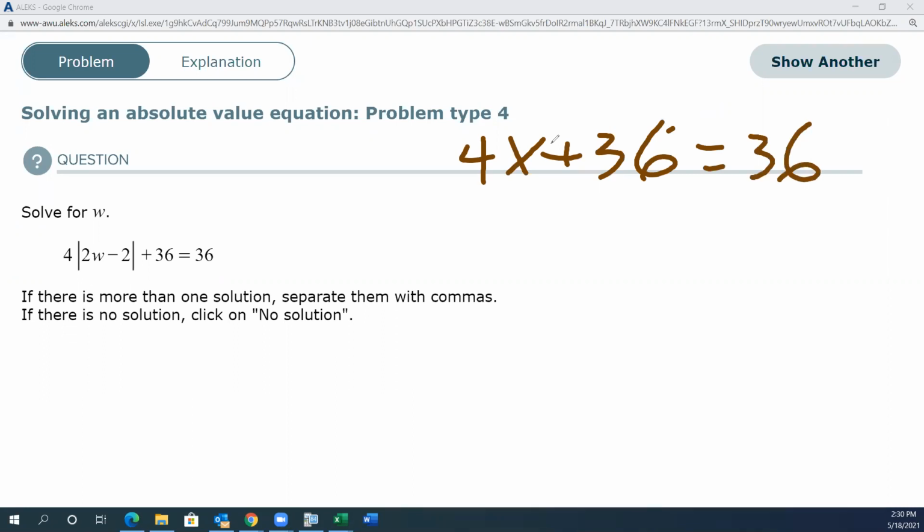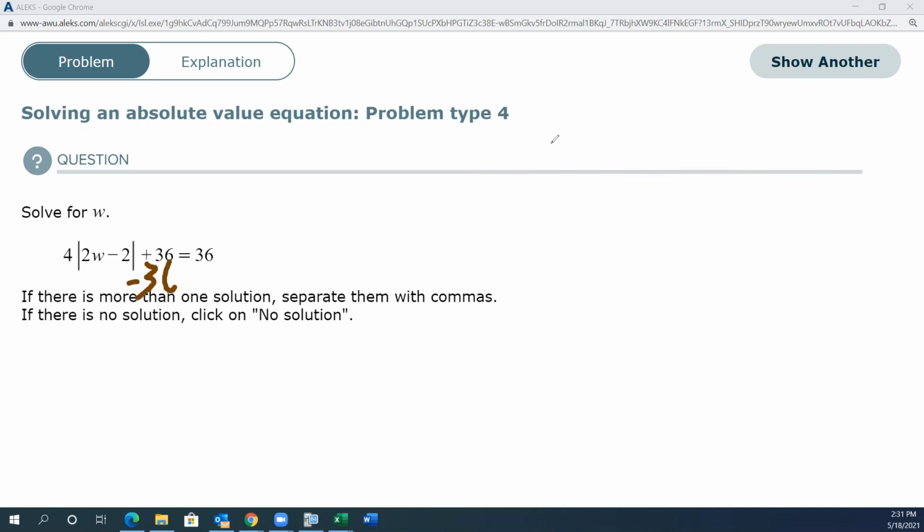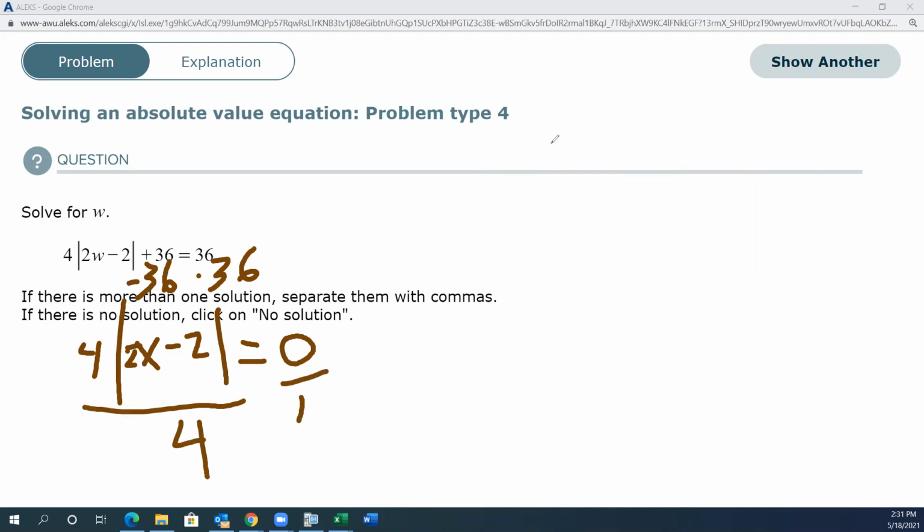Well, you'd first subtract away the 36, then you'd divide the 4 away. Well, that's what we're going to do. So I'll subtract away the 36 so that I get 4 times absolute value of 2x minus 2 is 0. And I'll divide both sides by 4.